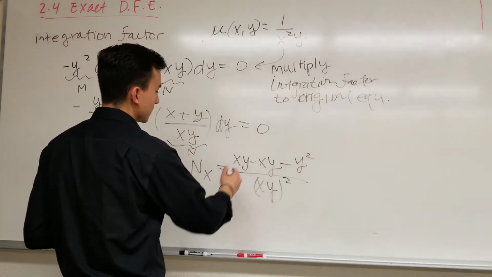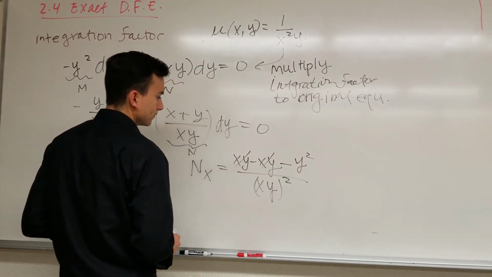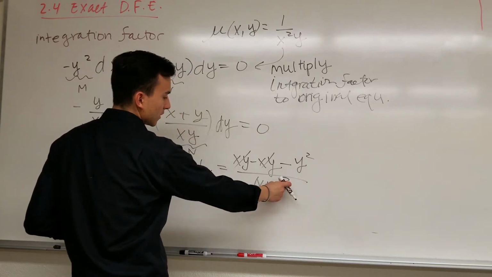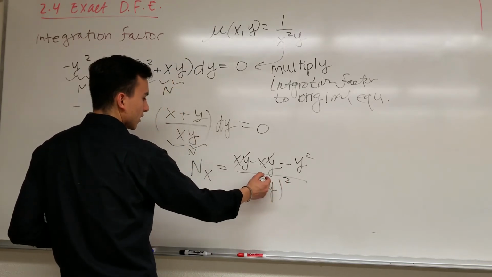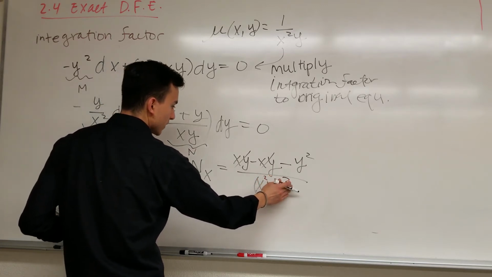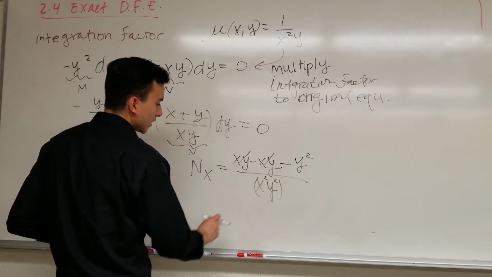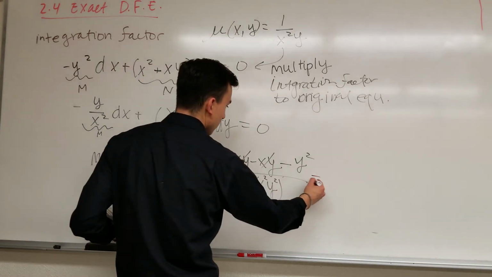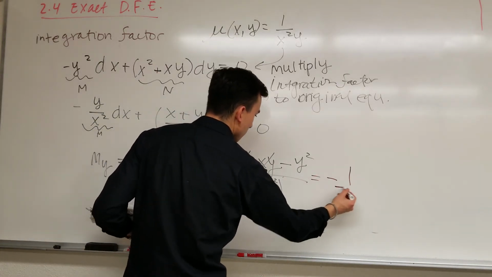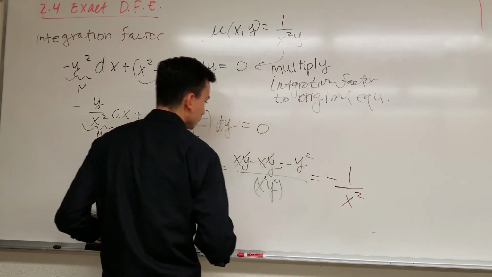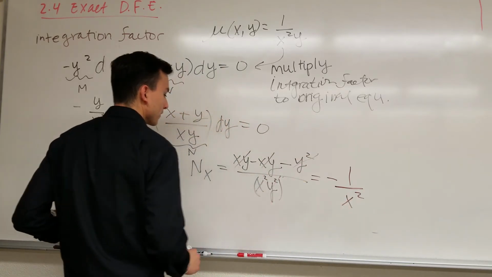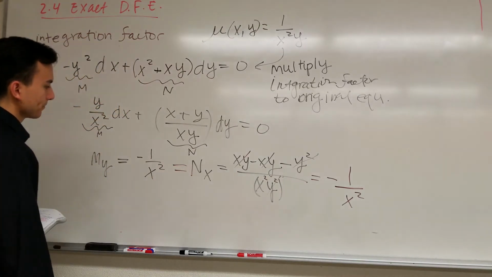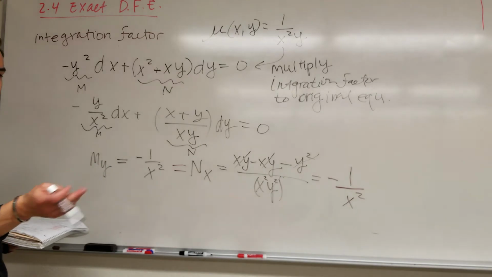And now we could see here that these would cancel out. And then this power of 2 could be moved inside, and now we have x squared times y squared. Well, now we're going to have that equal to negative 1 over x squared, because these would cancel out. So great. Now our partial derivatives are equal to each other. Now we can continue to solve it.